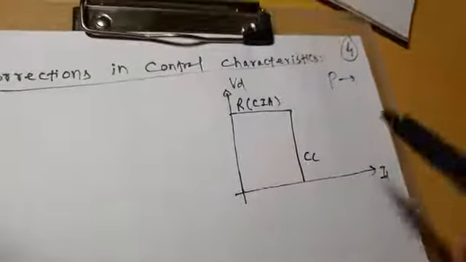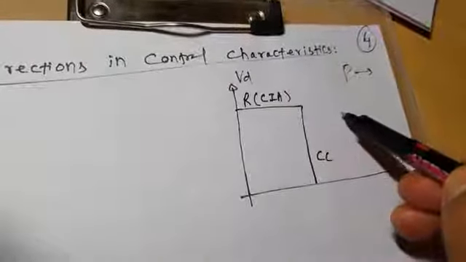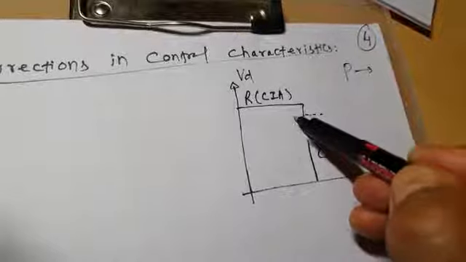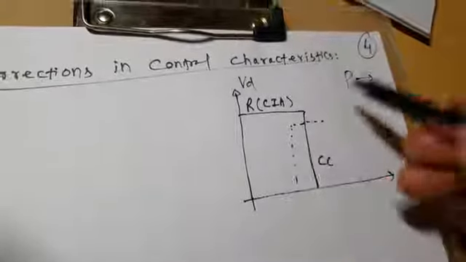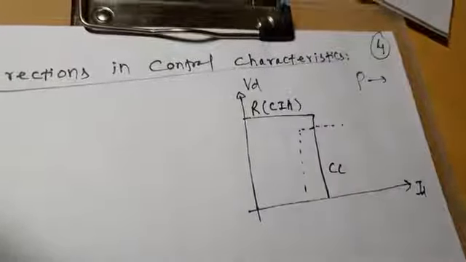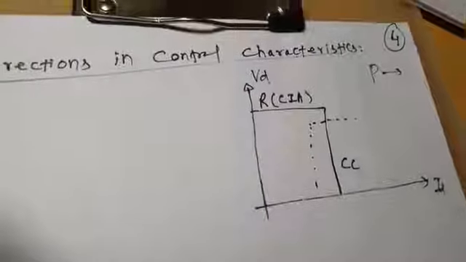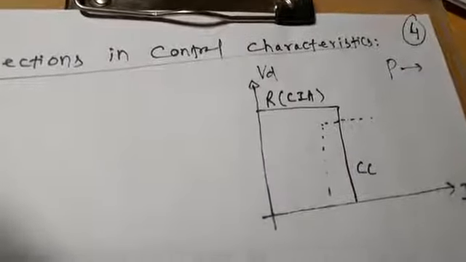Let us suppose normally the inverter characteristic would be like this. Inverter will have less slope, but let us suppose that there is some fault on the inverter side.